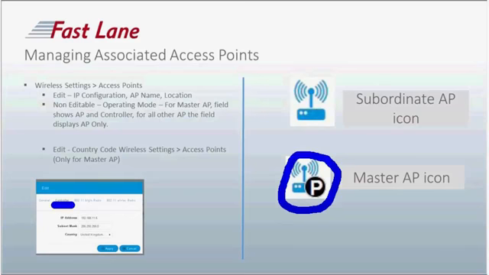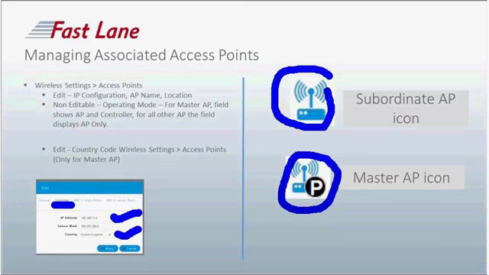They are known as subordinate APs, and obviously you won't have the controller menu on there. But it's on the controller menu that you can change the management IP address. It's on the controller's menu that you can change the country code if you wish to.